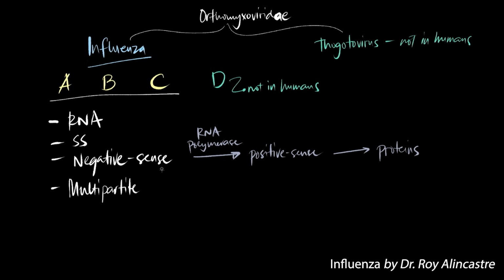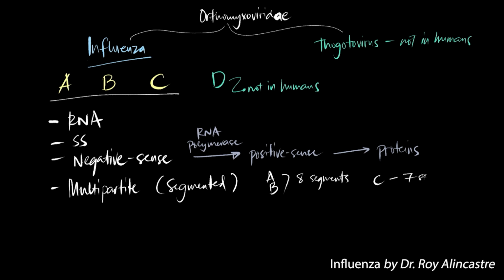The influenza virus is a multipartite virus, meaning it has segmented nucleic acid genomes with 7 or 8 different RNA molecule segments. Each is coated by capsid proteins, forming helical nucleocapsids. Types A and B have 8 segments, and type C has 7.